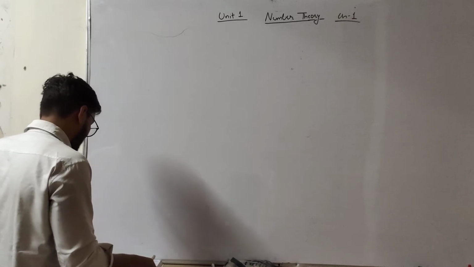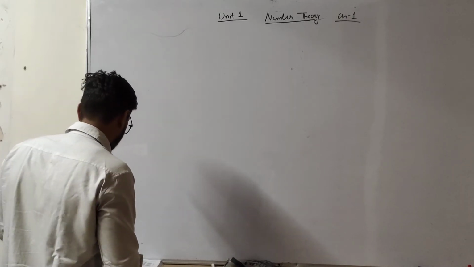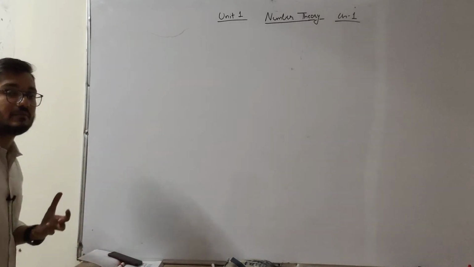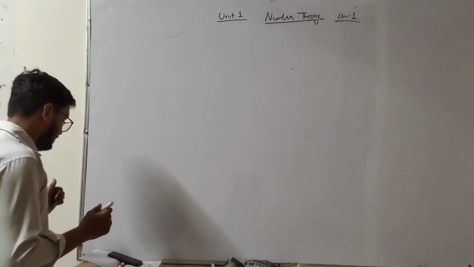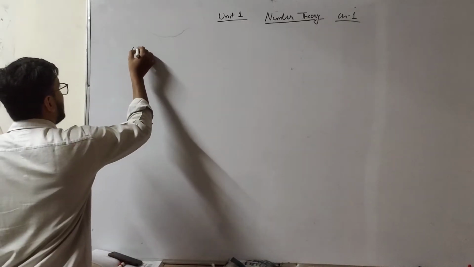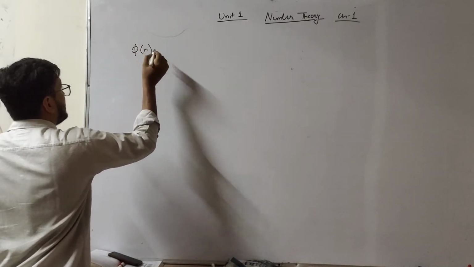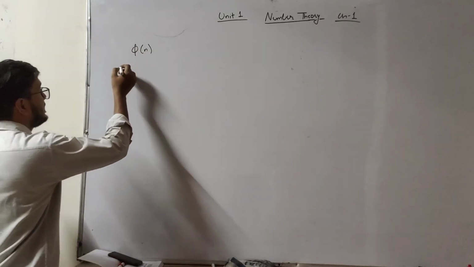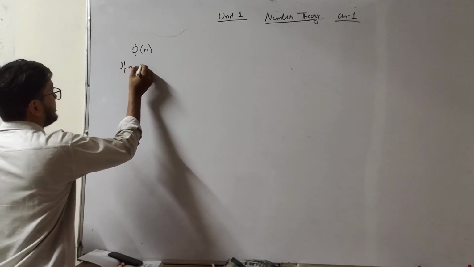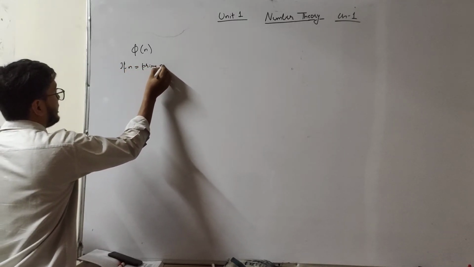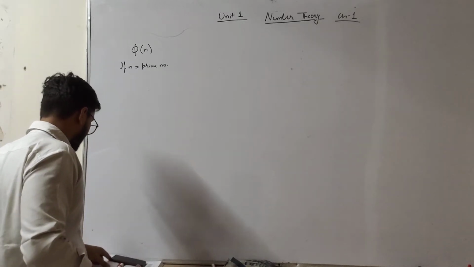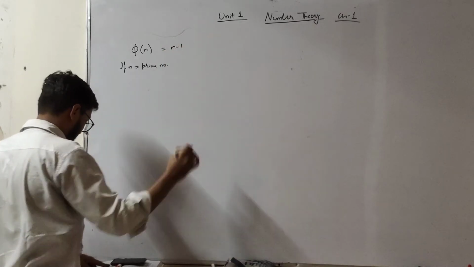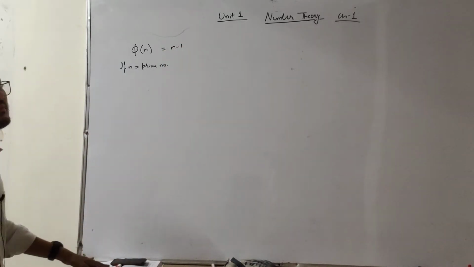So let us start with some formulas. We will introduce the Euler phi function in this concept. Suppose we have phi n. If n is a prime number, we can write this as n minus 1, where n is prime.